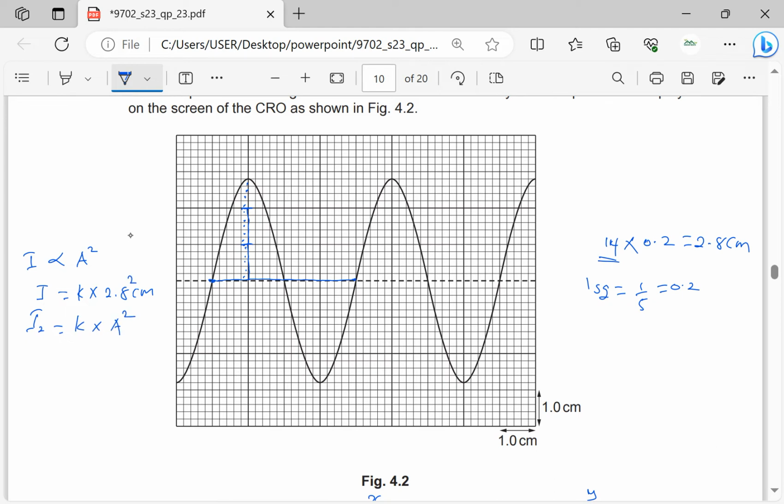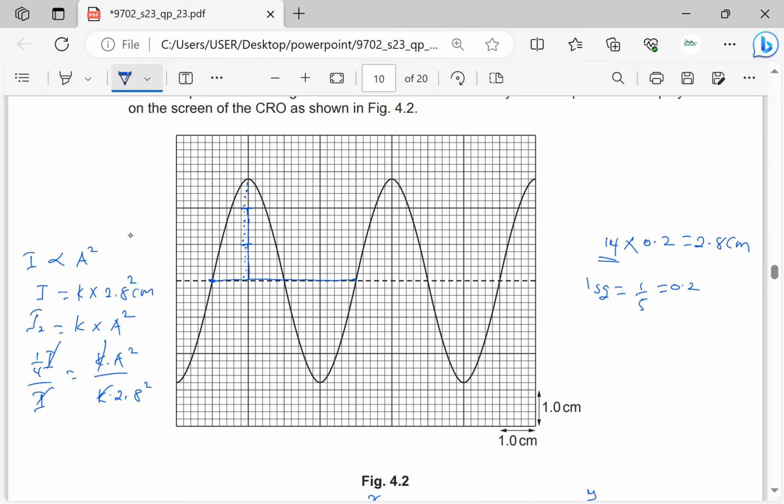So I'll divide the two equations. Remember, I2 is a quarter of I. So a quarter of I divided by I is equal to K A squared divided by K times 2.8 squared. So K cancels, I cancels.